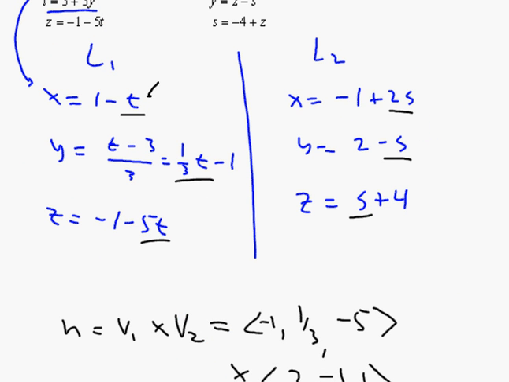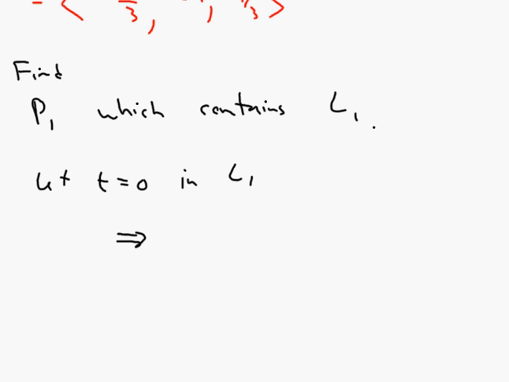We put zeros here, here, and here. We would get 1, -1, -1. Okay? So we get 1, -1, -1, which is a point on L1, and consequently, it's also on plane 1, and that's what I care about more.